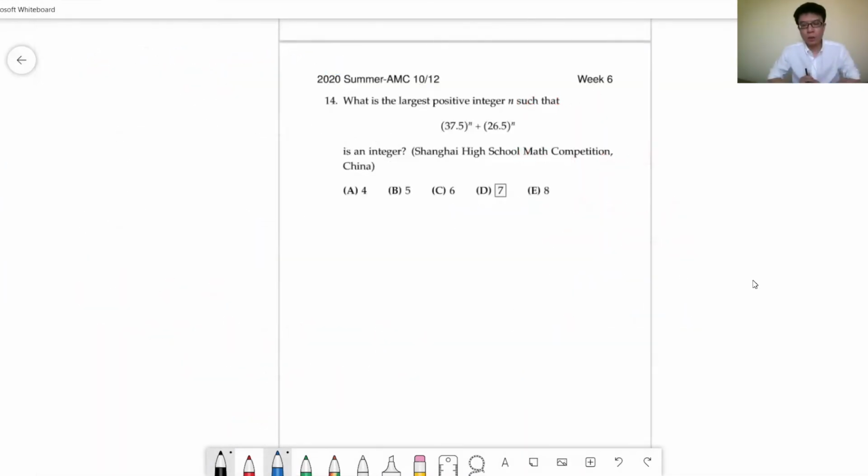All right, let's do problem 14. What's the largest possible positive integer n such that the sum of these two powers is an integer? All right, let's do this first. 37.5 is equal to 75 over 2, and 26.5 is 53 over 2.